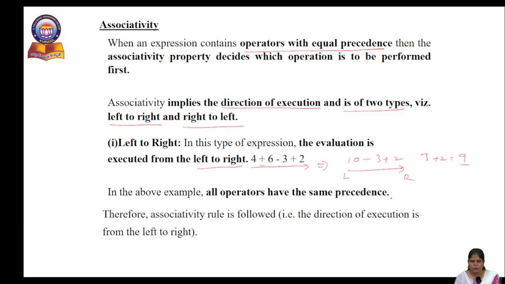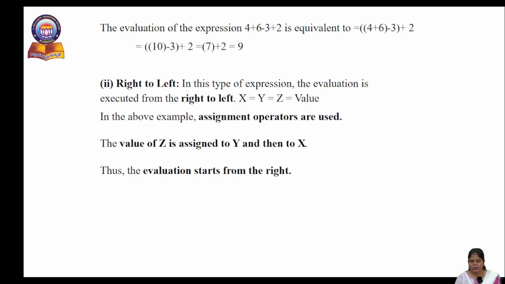By default, every expression having equal precedence operators will follow left to right associativity. So the evaluation looks like this: first 4 plus 6 will be evaluated, then 10 minus 3, and then plus 2 will be added to it.